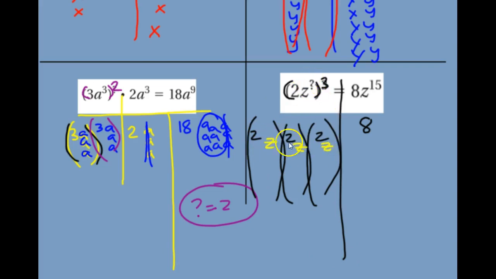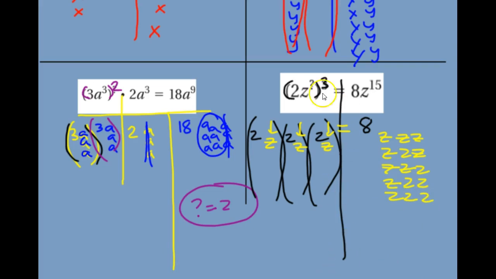But I don't know how many z's. This is what I need to figure out. How many z's go in each to get to my total? Well, I know that I have to have 15 z's in all. 1, 2, 3, 4, 5, 6, 7, 8, 9, 10, 11, 12, 13, 14, 15 z's total.